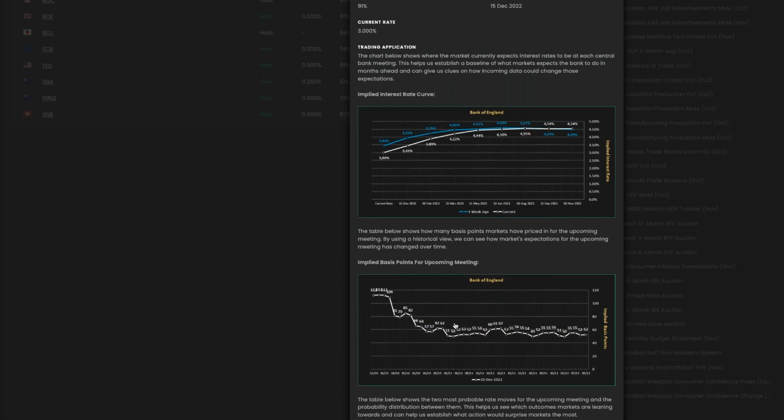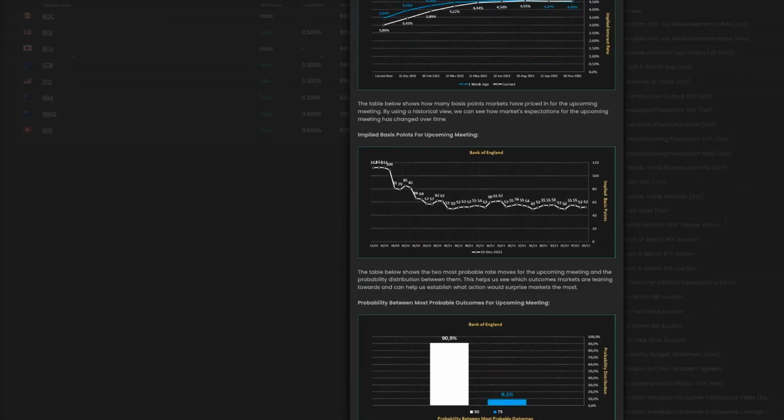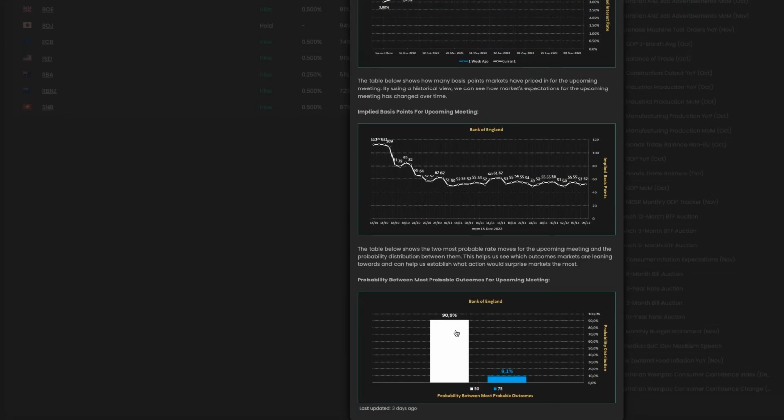So that's the expectations. If it's only 25 basis points, then that should allow a flush lower in the pound.